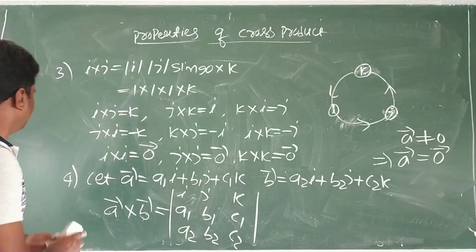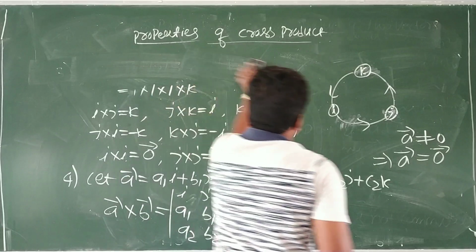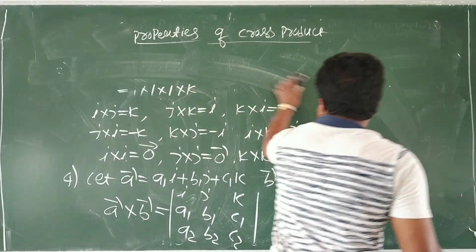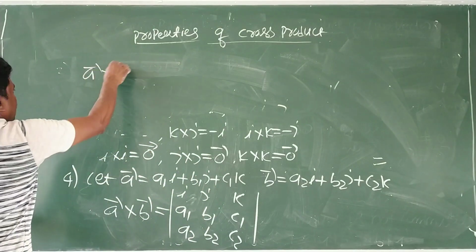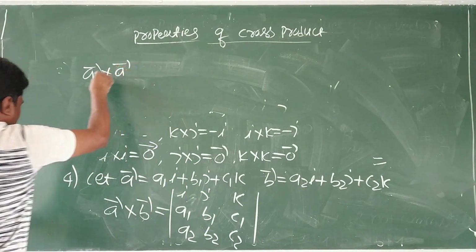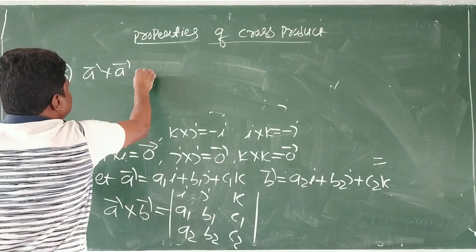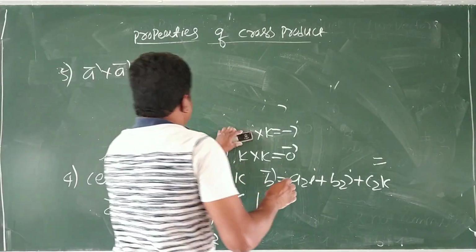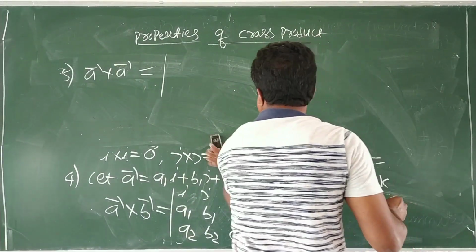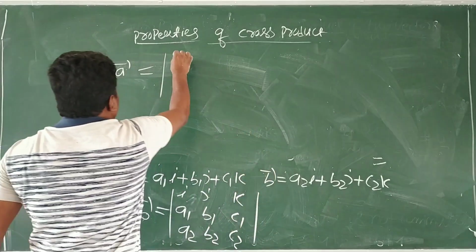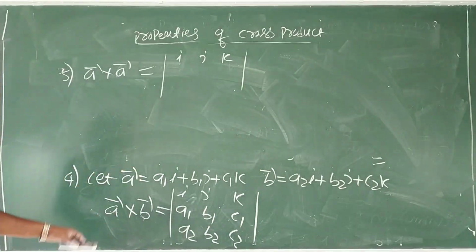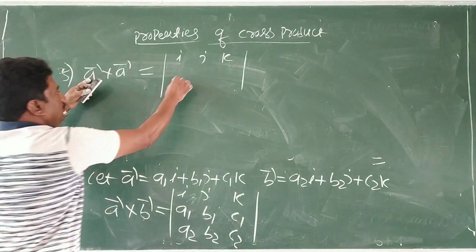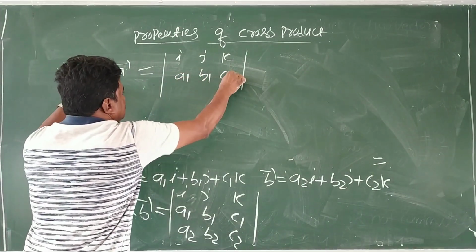Next property. A cross A. Tell me A cross A, students. A cross A: ijk. Tell me the components of vector A: A1, B1, C1.